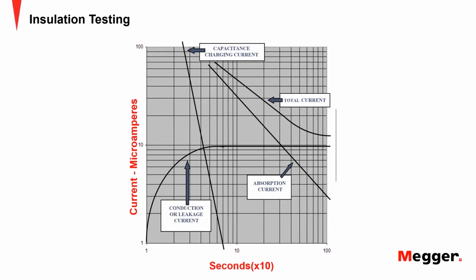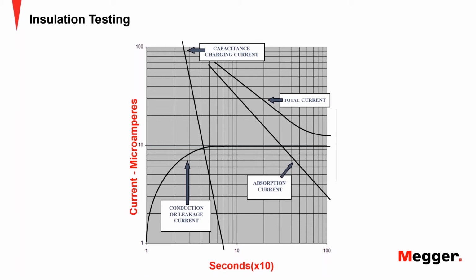Leakage current, on the other hand, that's what you're interested in. That's what's getting through your insulation. And that behaves differently. It charges up relatively quickly and then stays constant at the same voltage. And what your tester is measuring is total current. At some point over to the right, the two charging currents have dropped out, and the total current is all you're seeing.